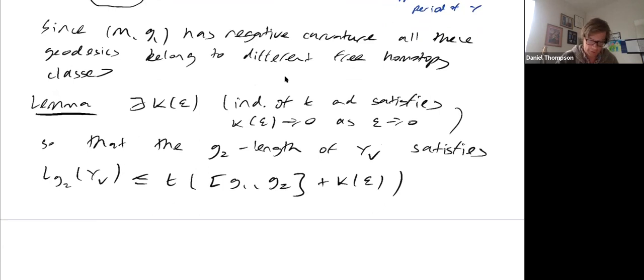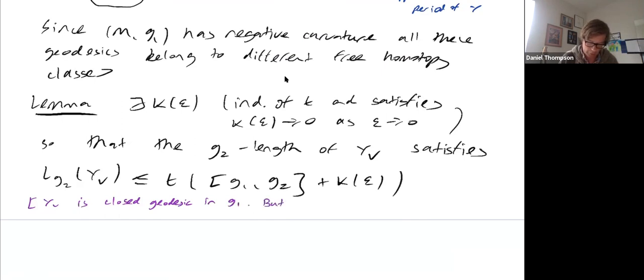But let me just note, what is this thing? It's a closed geodesic, aka periodic orbit, in the metric g sub 1.